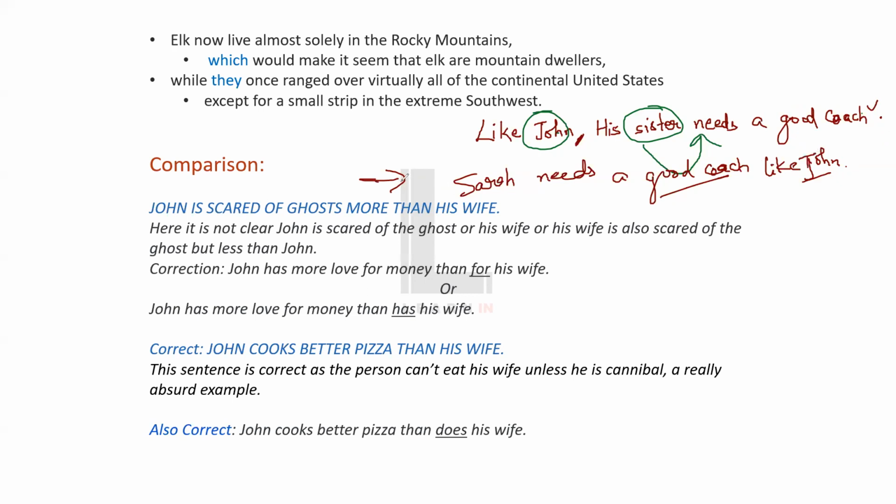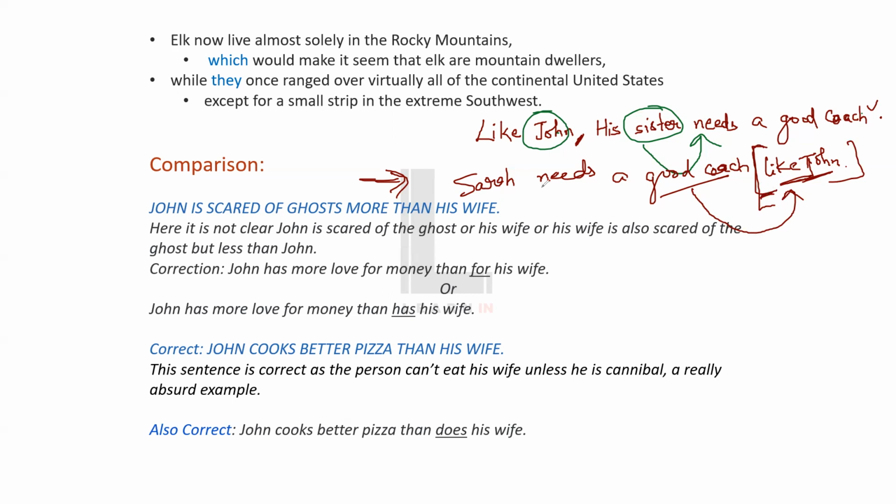Would it be correct? The second one. Let me know. Is the second one correct? What do you think? So there is a change in meaning in the second one. Now she needs a good coach like John. Like John. Fine. So there is a comparison here.